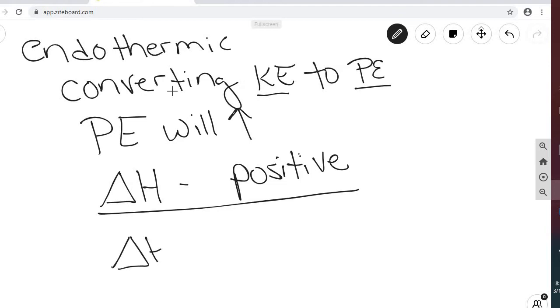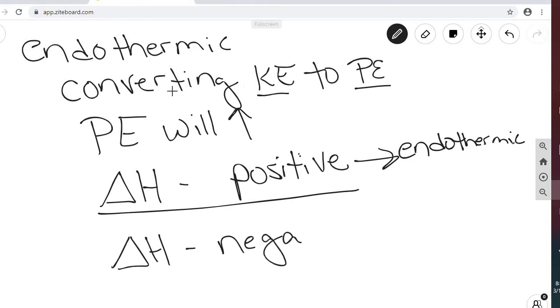If delta H is negative, then it is an exothermic reaction.